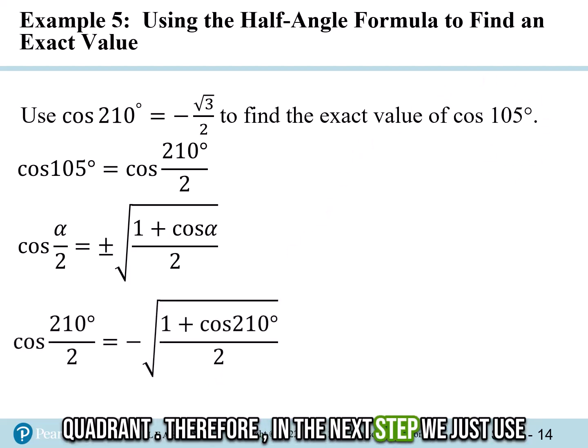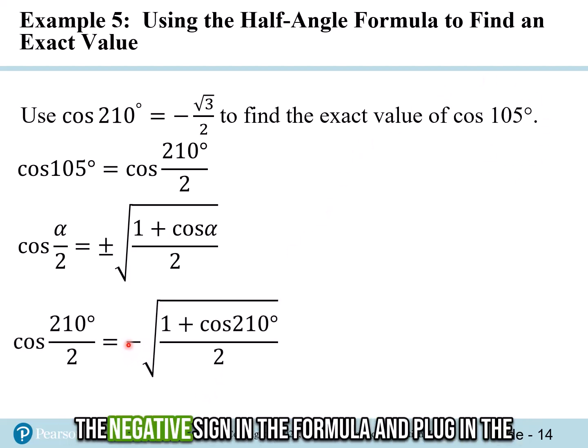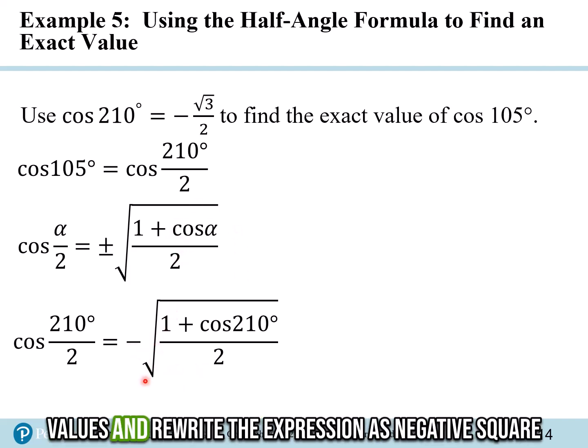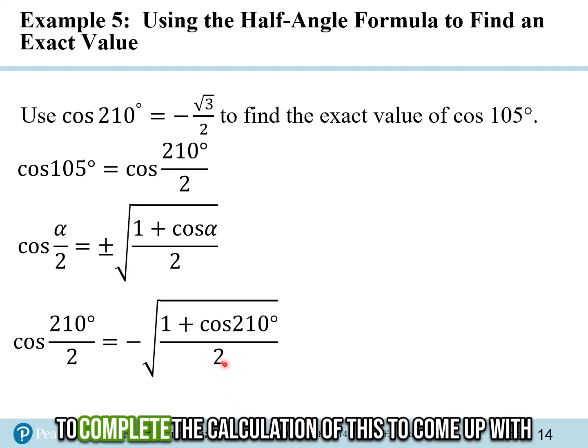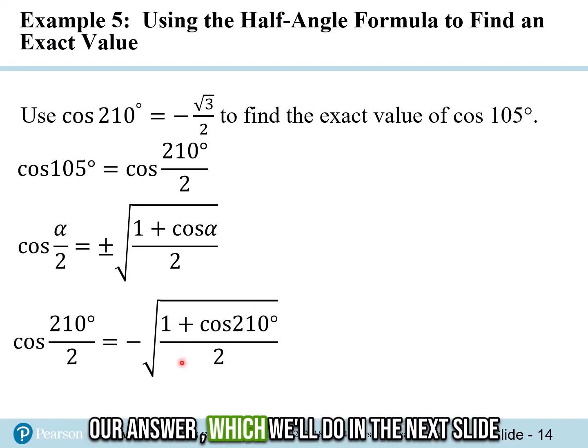Therefore, in the next step, we just use the negative sign in the formula and plug in the values and rewrite the expression as negative square root of 1 plus cos of 210 degrees, divided by 2. Now we have to complete the calculation of this to come up with our answer, which we'll do in the next slide.